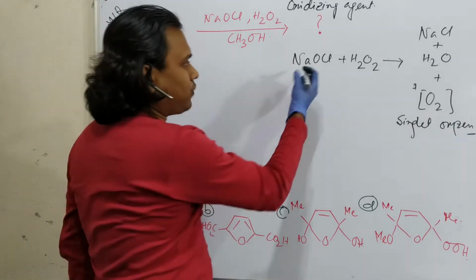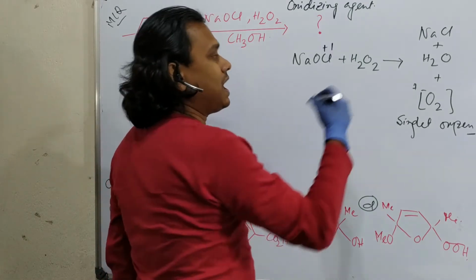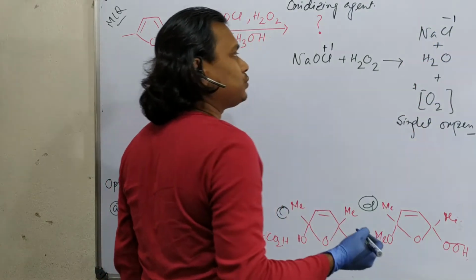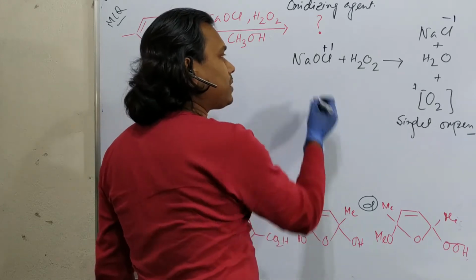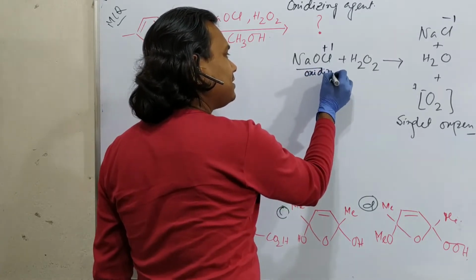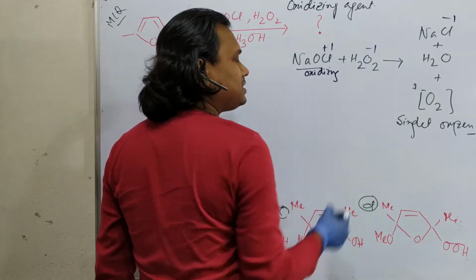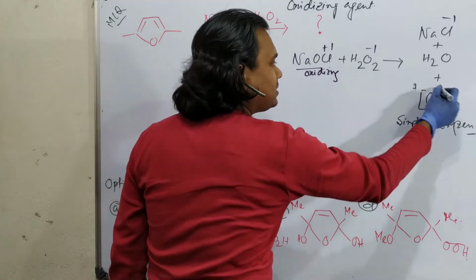Okay. So first of all, why is this oxidizing? Because the chlorine is in +1 oxidation state. After reaction, chlorine is getting -1. So that's why this is oxidizing. And who is getting oxidized? Right now this oxygen is in -1 state. After this it becomes 0.